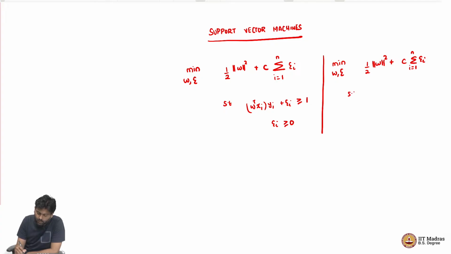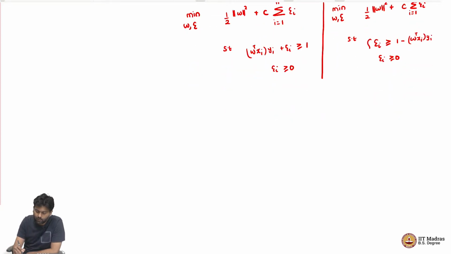I want to understand this psi i better. So psi i is greater than or equal to 1 minus W transpose xi yi, and psi i is greater than or equal to 0.